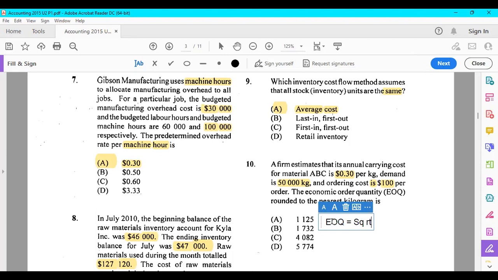The square root of all of this, I'm going to put in a bracket: 2SO divided by C. This is the formula in the book, where S is your annual demand, O is your ordering cost per order, and C is your carrying cost.